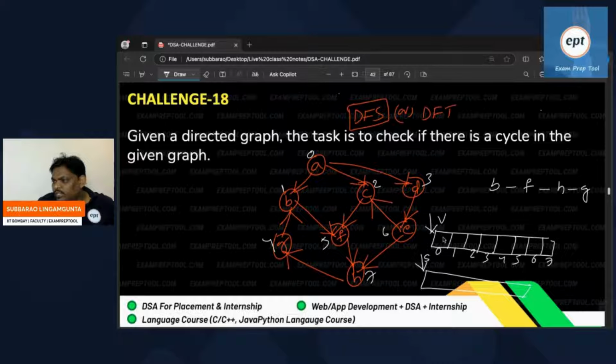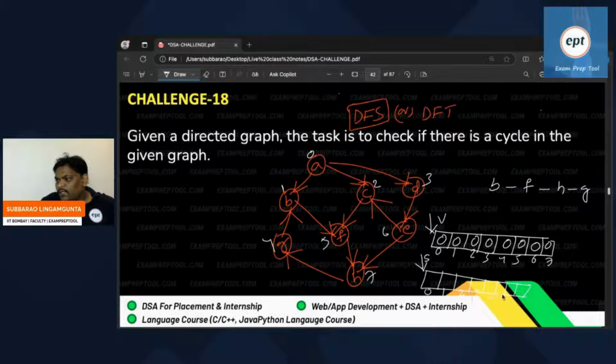Now see this: visited of every vertex is initially 0. No one is visited. Similarly, no one is in the stack initially.